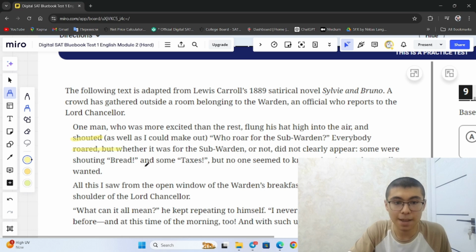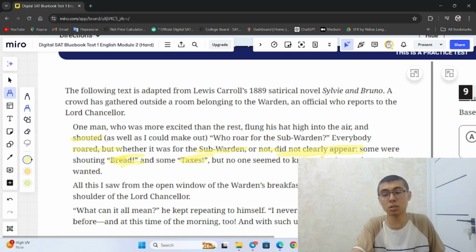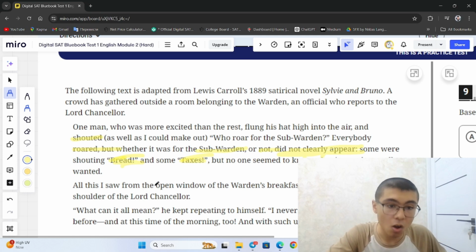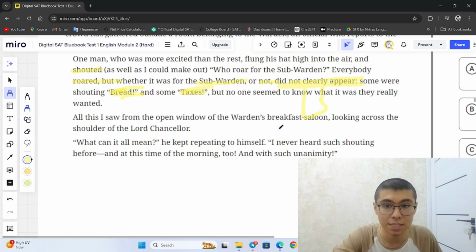Everybody roared, but whether it was for the sub-warden or not did not clearly appear. Some were shouting bread, some taxes, and no one seemed to know what it was they really wanted. All this I saw from the open window of the warden's breakfast saloon, looking across the shoulder of the Lord Chancellor. What can it all mean?